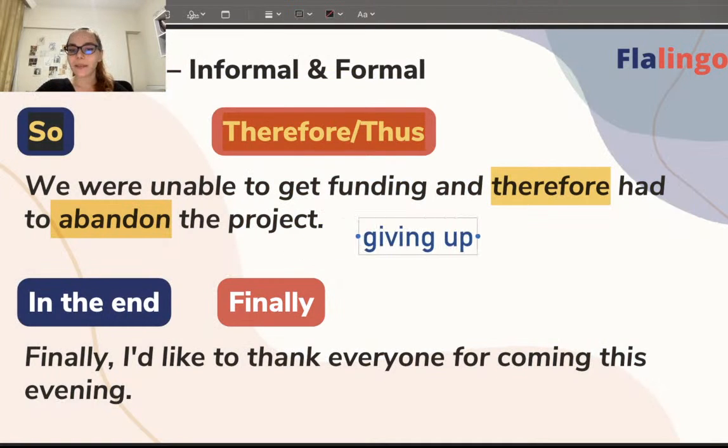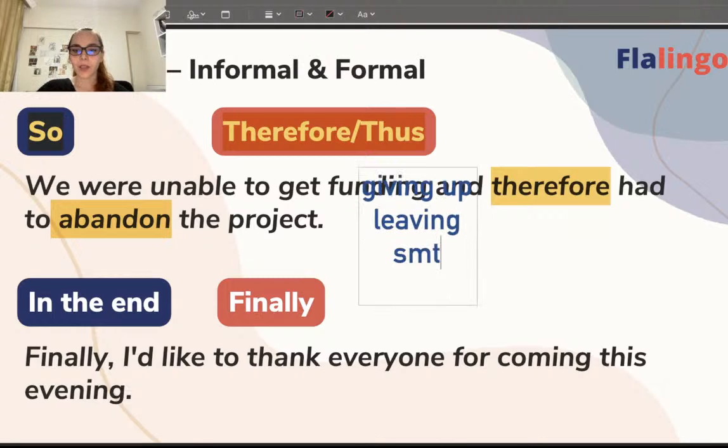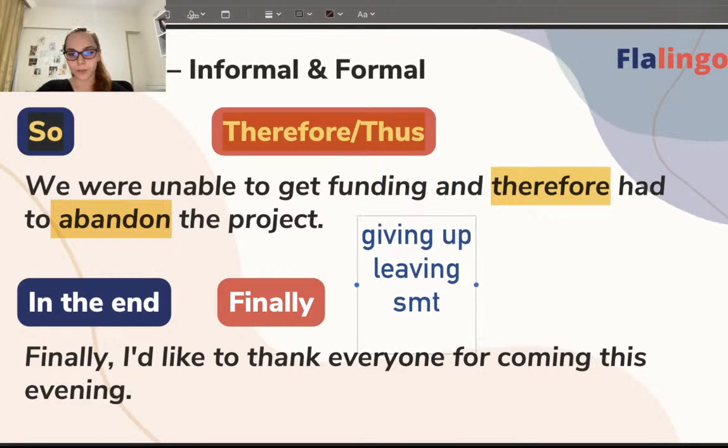We had to give up the project, but I'm not saying giving up because this is also a formal word that we can use. Abandon means giving up, or leaving something or someone.